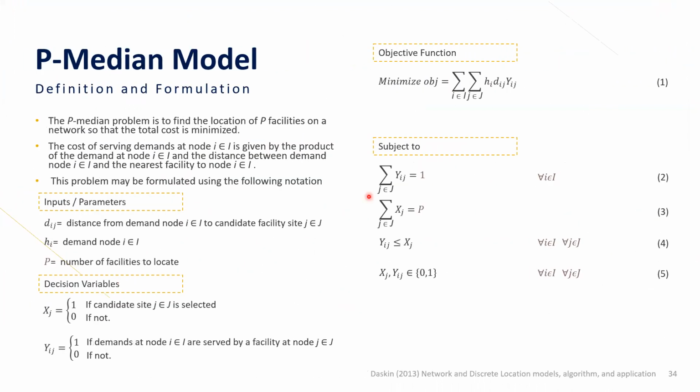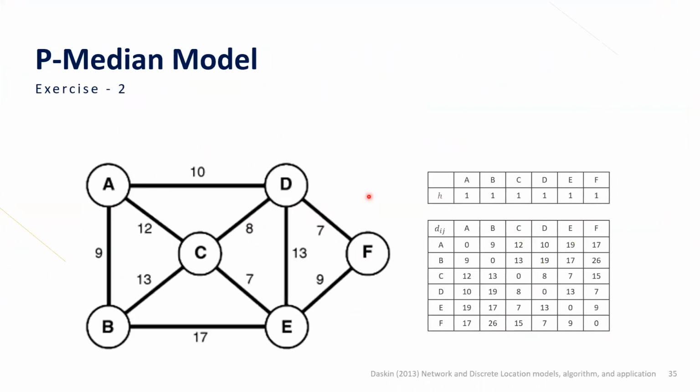You have this model, and then you need to find the optimal objective value for the p-median models, in which you consider p equal 1, 2, 3, 4, 5, sorry, 6. So which p will you select and why? And this is the data.